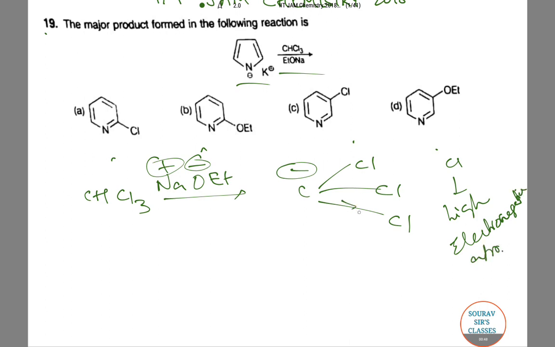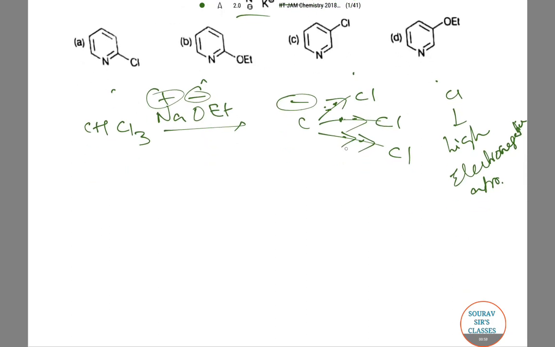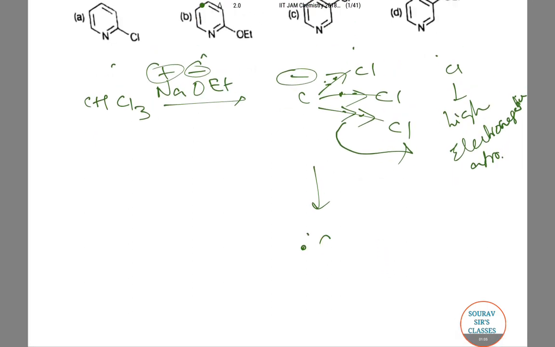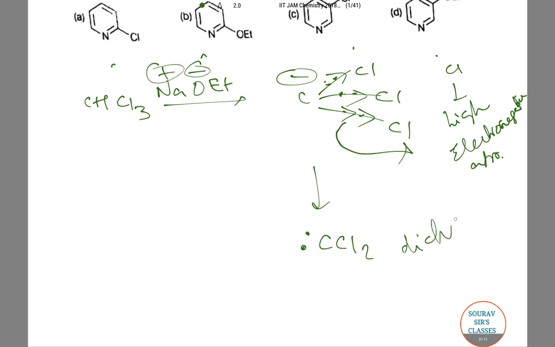So it will pull the bonded electrons towards itself. These bonded electrons will be pulled towards chlorine, and subsequently Cl minus will leave as a leaving group in order to give us CCl2, that is dichlorocarbene.